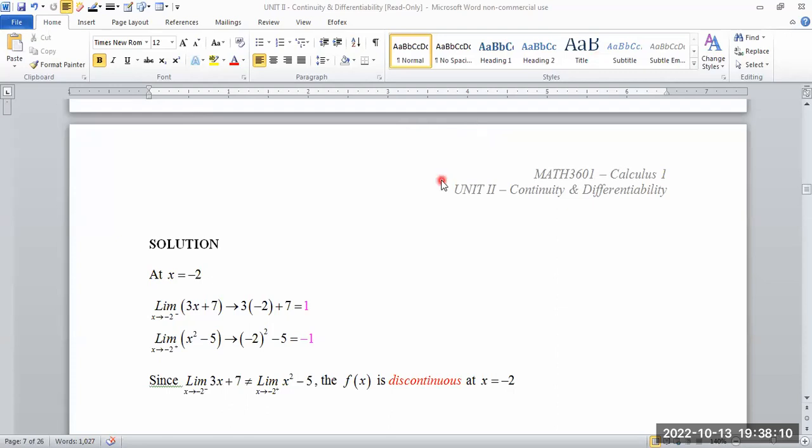Then I remembered, negative times negative gives me positive. So I'm going to correct my error: -5 plus 4 will give me -1. You were saying -2 times -2 gives you -4, and then you corrected it yourself. Yes. Okay, so that makes a lot more sense.